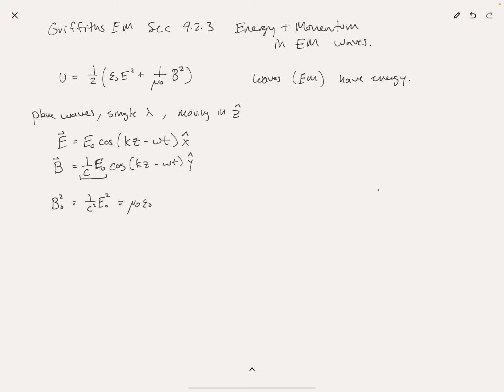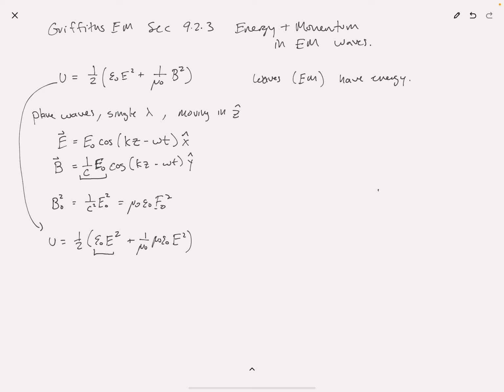So B0 squared is mu naught epsilon naught E0 squared. And therefore I plug those bits into this expression, and I see that I have 1/2 epsilon naught E squared plus 1 over mu naught times mu naught epsilon naught E squared.